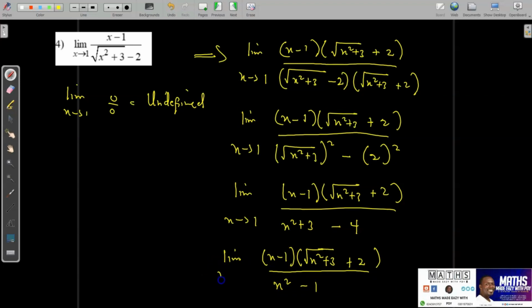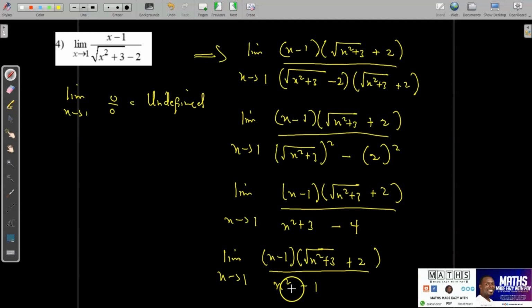Now as x approaches 1, again at this point you realize that when you still try to substitute 1 into the function, you get 0 over 0, which is undefined. So it means there's still a removable discontinuity factor in it.